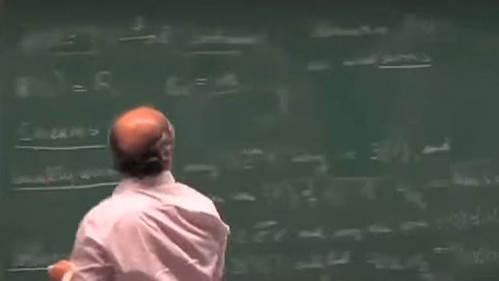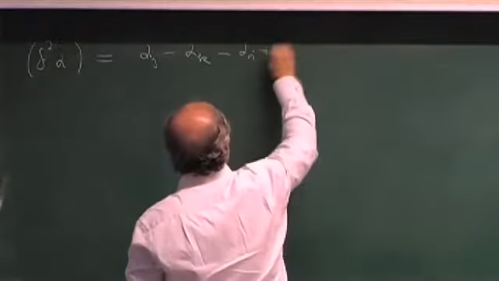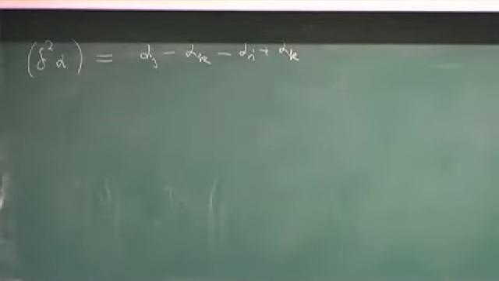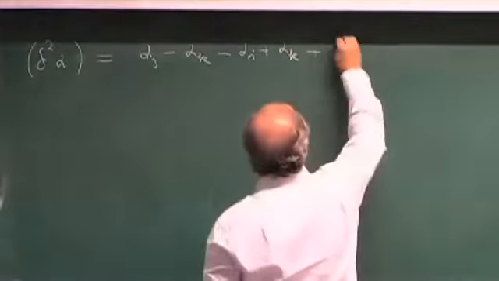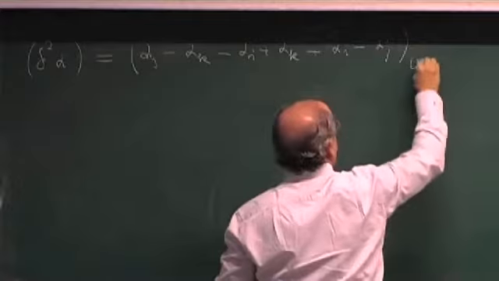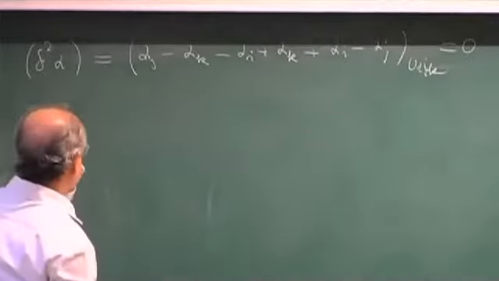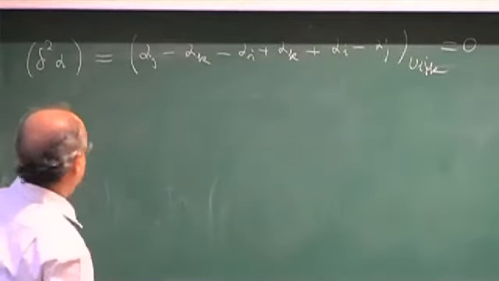So we need to write alpha j minus alpha k, and then minus alpha i plus alpha k, and then plus alpha i minus alpha j. All these are restricted to the triple intersection. And you see that we get 0. Okay, so this means that we are in business.